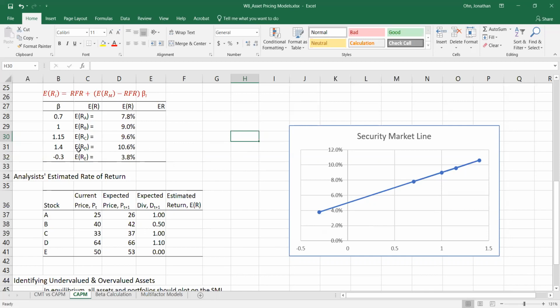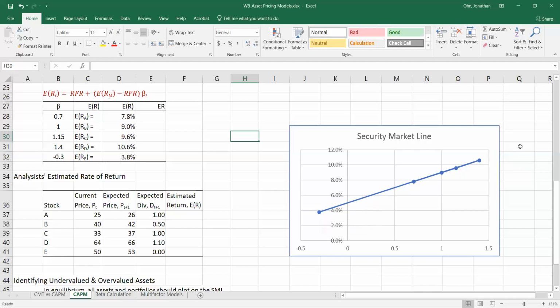And P is 1.4, and the return is 10.6%. All of these are theoretical CAPM returns, determined by this capital asset pricing model, and that will be the theoretical benchmark return on your investment.